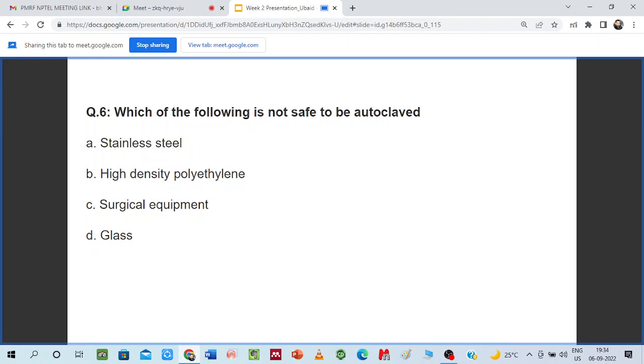The answer is B, high density polyethylene. All the other items like stainless steel, surgical equipments, which are usually made of steel, and glass are all autoclavable. But polyethylene is a polymer, so it's not autoclavable. It gets destroyed or melts in the autoclave.